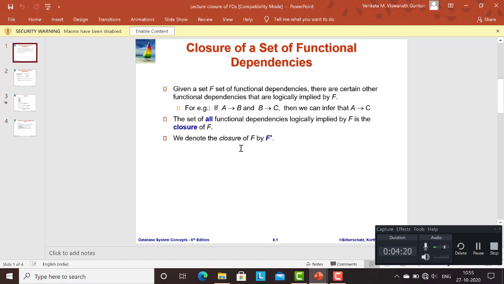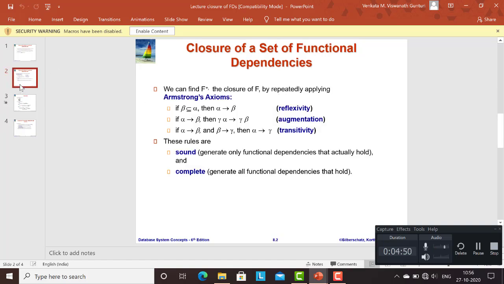So this is called the closure of the functional dependencies. We'll also talk about closure for a set of attributes. That is a different thing. But here, when I'm talking about Armstrong rules, this terminology you should know: the closure of functional dependencies is the set of all FDs which can be logically implied from the given set F, right?